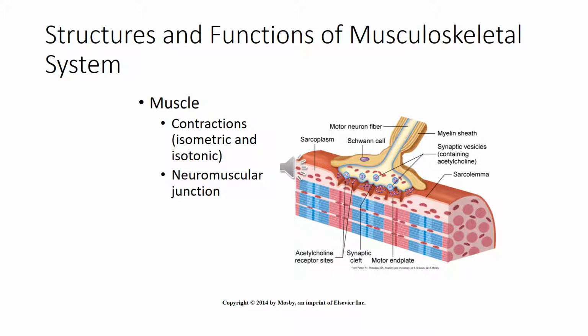So when we discuss how the muscles work, skeletal muscle contractions do allow posture maintenance and body movement and facial expressions. Isometric contractions increase the tension within a muscle, but do not produce movement. Repeated isometric contractions make muscles grow larger and stronger, like when we exercise or lift weights, our muscles get bigger.